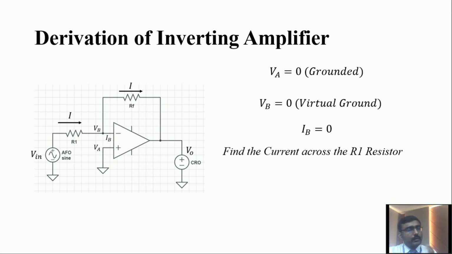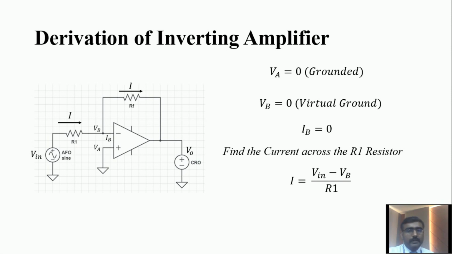Next, how do we find the current across the R1 resistor? Here we apply Ohm's law. What is Ohm's law? I is equal to V by R. Here the voltage across the resistor is Vin minus VB, so I is equal to (Vin minus VB) divided by R1. This is the current across the resistor R1.